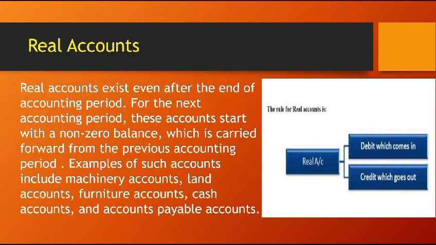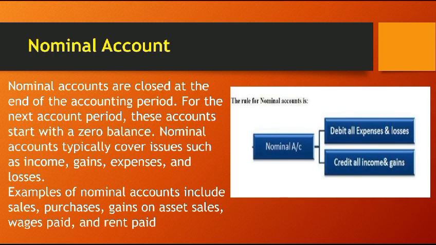For the next accounting period, these accounts start with a non-zero balance, which is carried forward from the previous period. Examples of such accounts include the machinery account, the land account, the furniture account, the cash account, and the accounts payable account. And the rule we follow under this account is debit what comes in and credit what goes out.